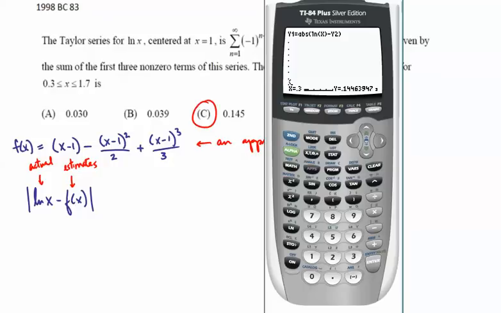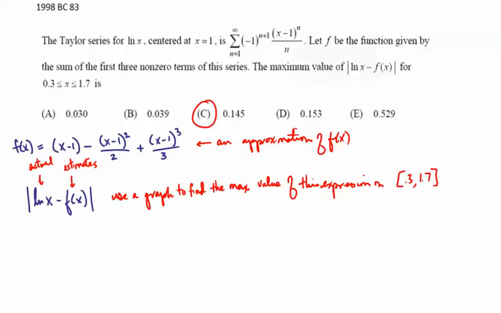And so that's going to do it for this particular problem. So we used a graph to find the maximum value of that expression on the closed interval from 0.3 to 1.7.